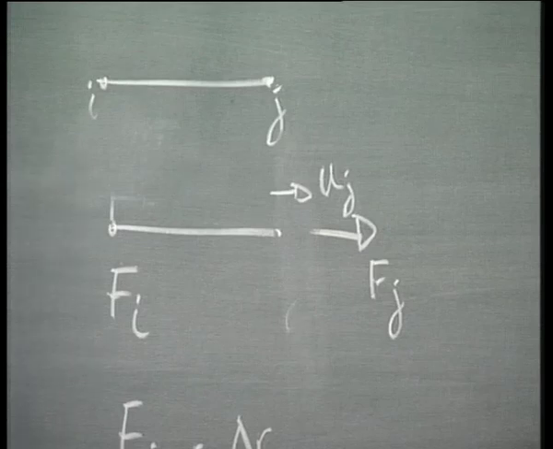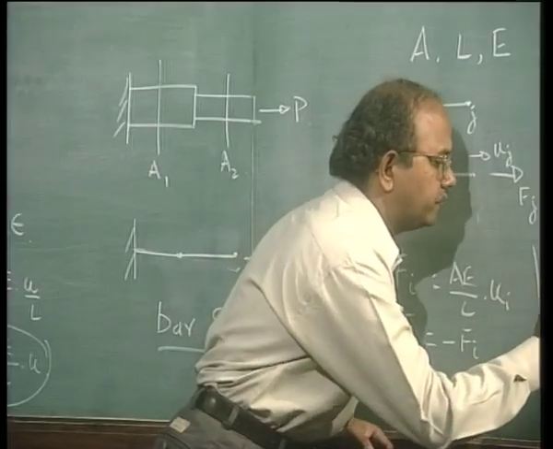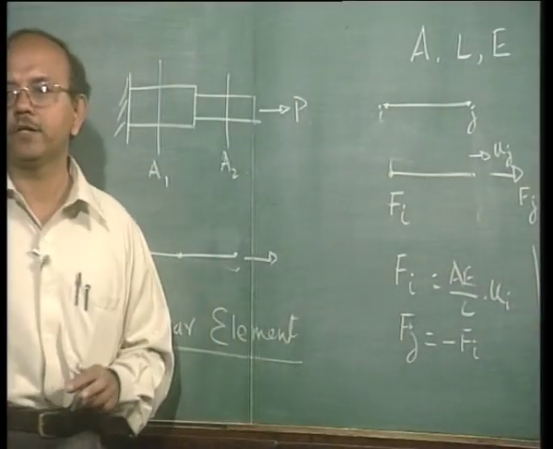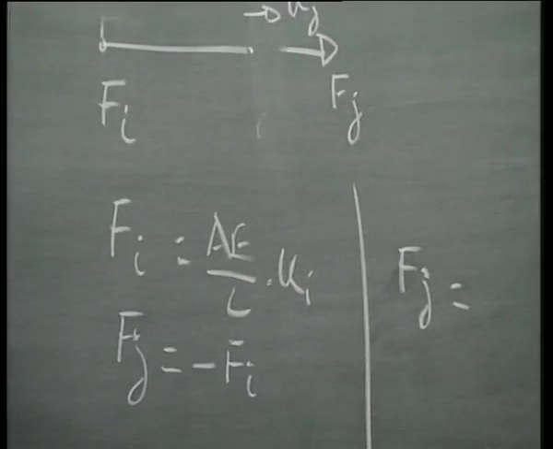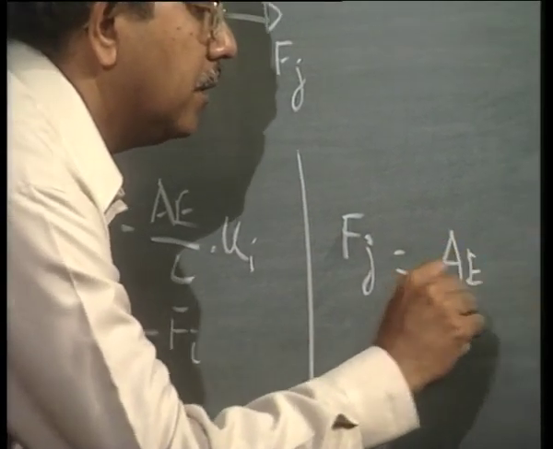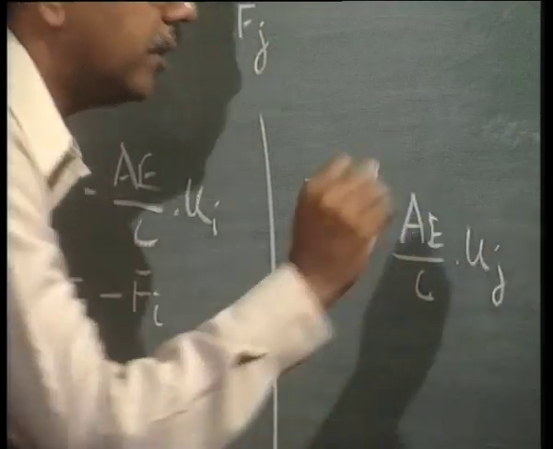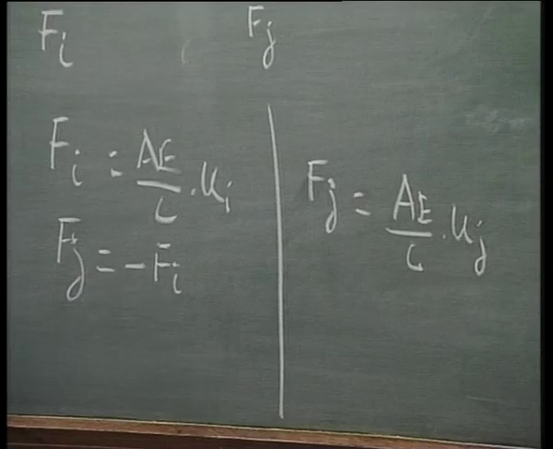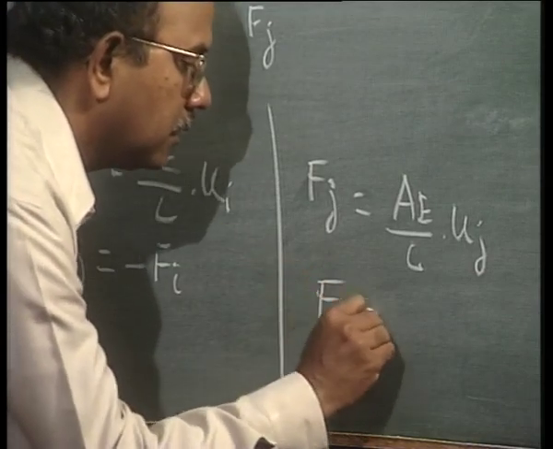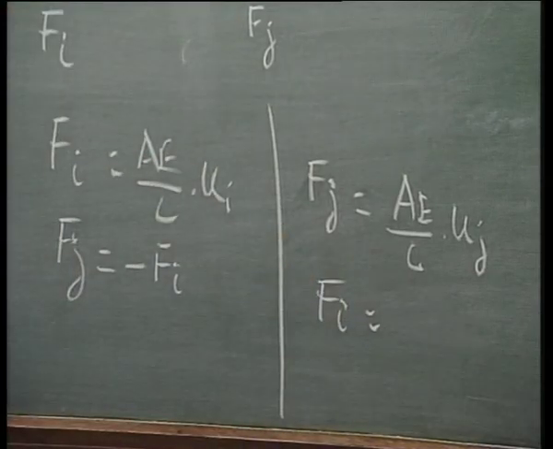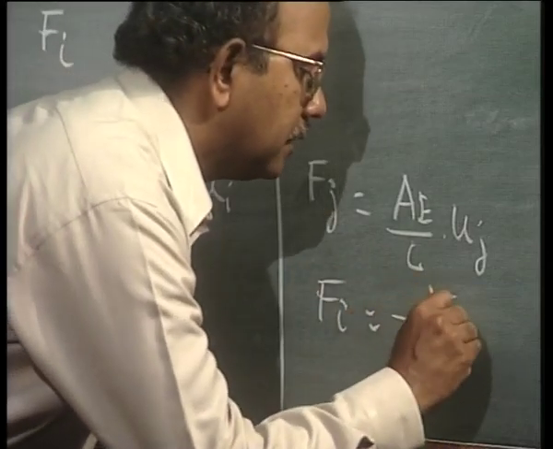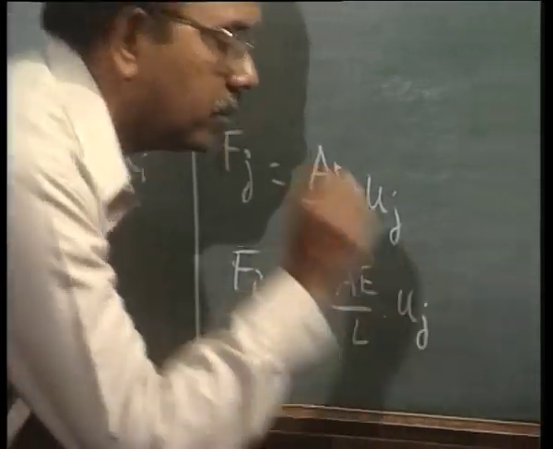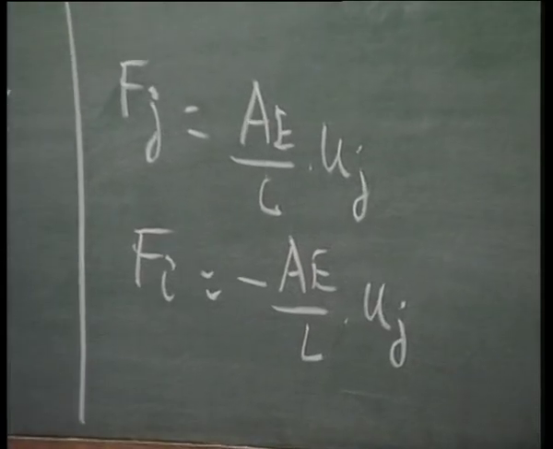Now, in this situation, what happens to Fj? That is straightforward, and that happens to be AE by L into uj. And now what happens to my Fi? That is minus of Fj, or in other words, minus AE by L into Uj. Is that clear?